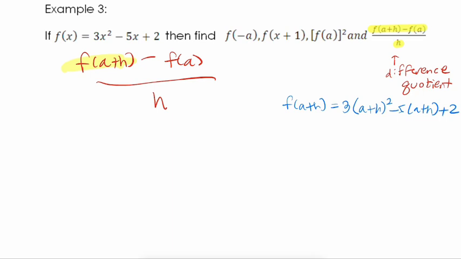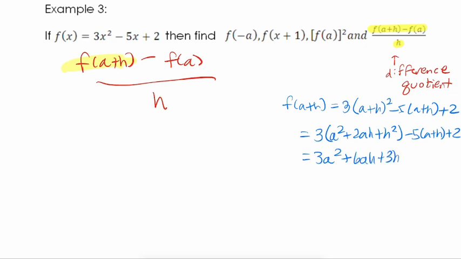So we get 3 times the quantity of a squared plus 2ah plus h squared. I'm just going to keep the 5 there, and I'll distribute all at once. So let's distribute, then combine like terms. Let's get everything pretty. We get 3a squared plus 6ah plus 3h squared minus 5a minus 5h plus 2.